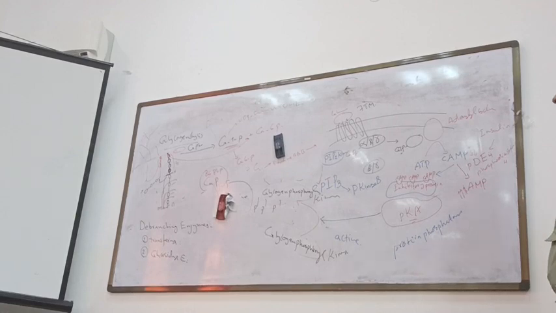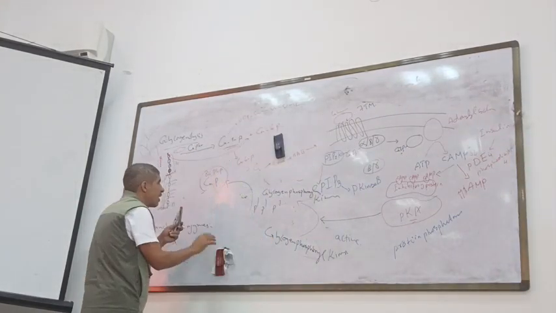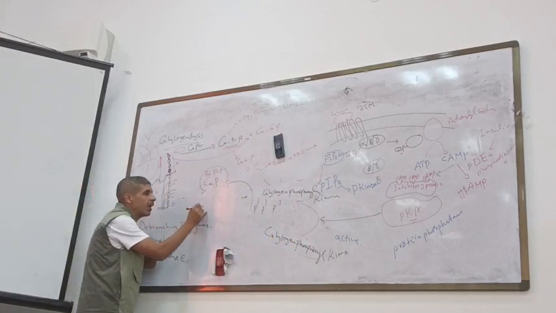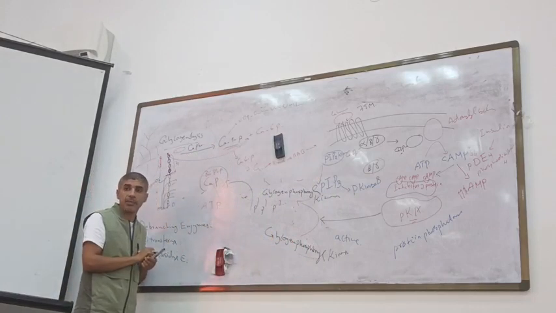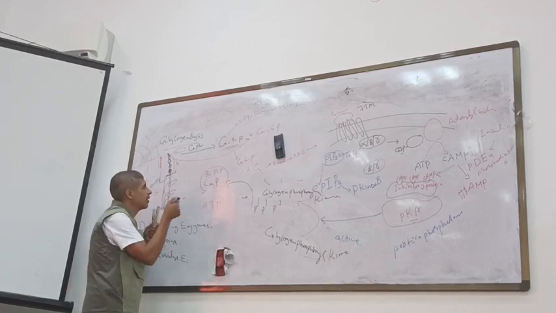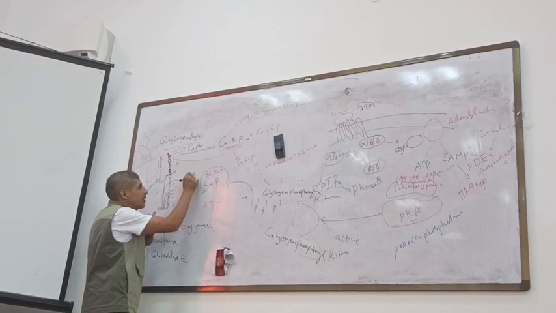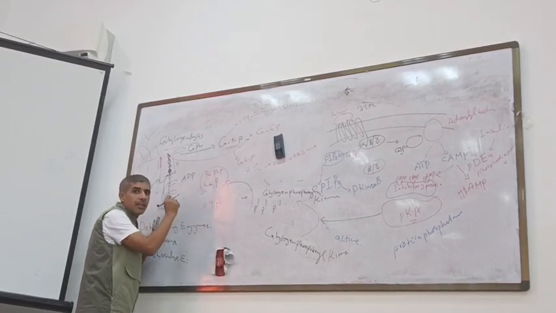When ATP is elevated, inhibition. So this is allosteric inhibition. This enzyme, glycogen phosphorylase, is inhibited by ATP and activated by ADP. So low energy activation, high energy inhibition.